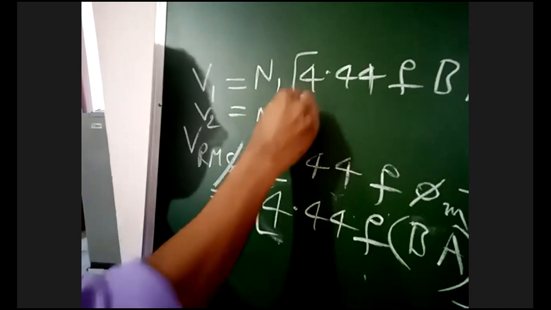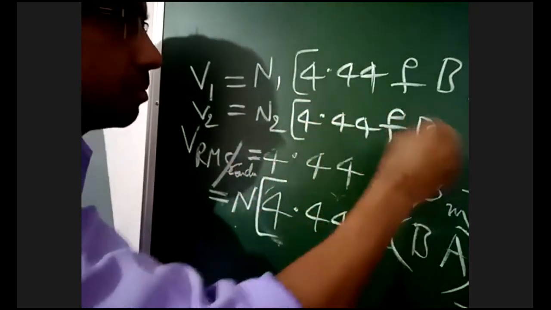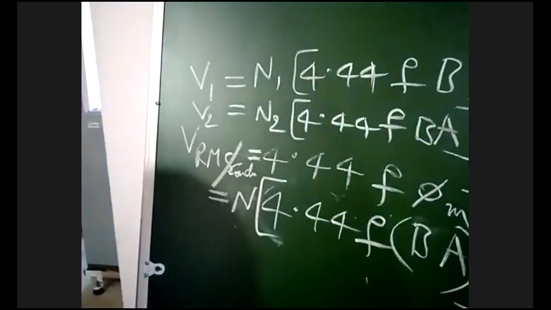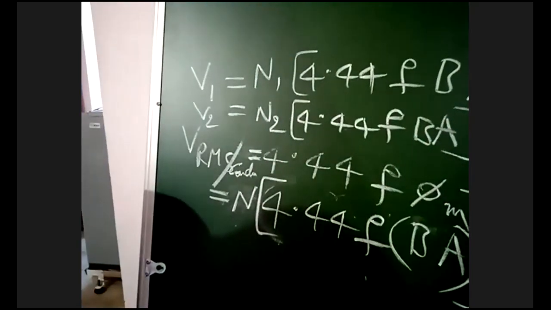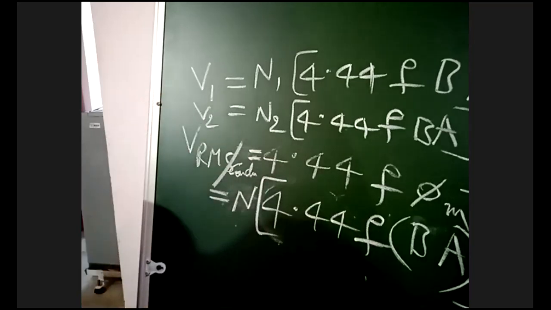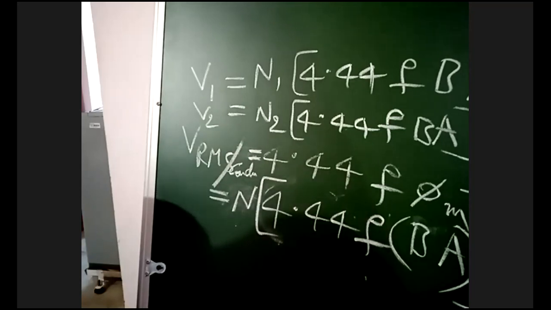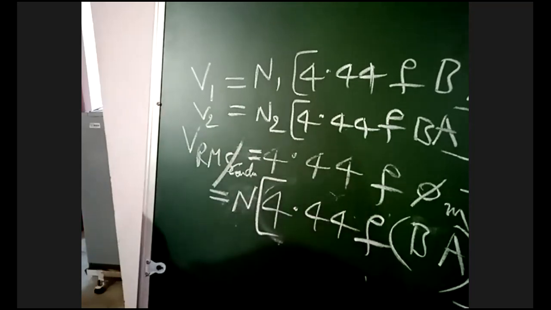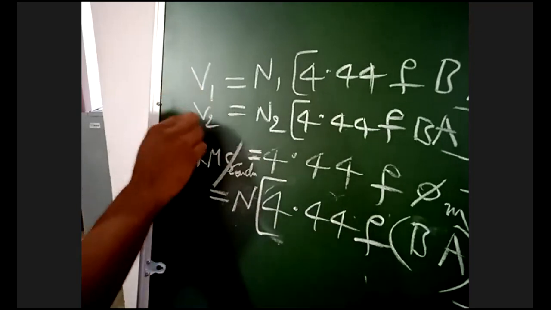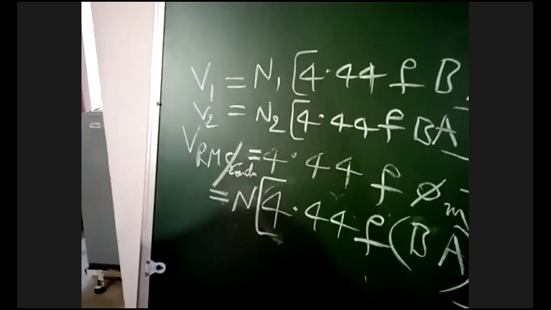Similarly, V2 is equal to N2 into 4.44 FBA. These are the EMF equations in the primary winding and secondary winding. These two equations, V1 and V2, are important. If you know RMS voltage, then you can write V1 and V2.